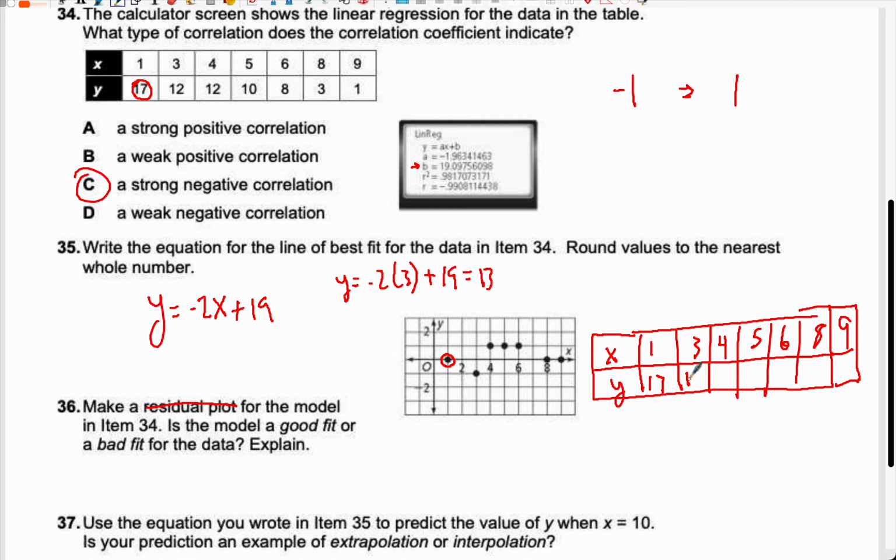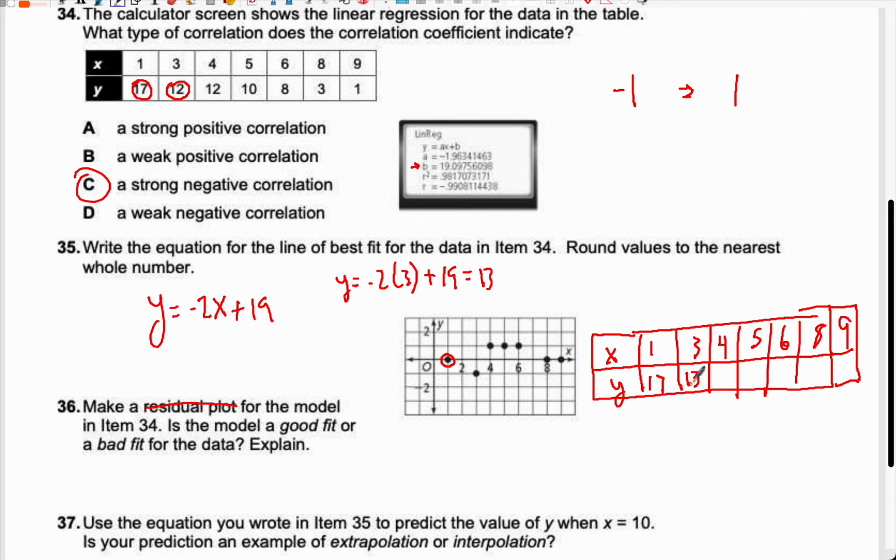So my equation says it should be a 13, but my actual data value was 12. I'm off by 1, right?